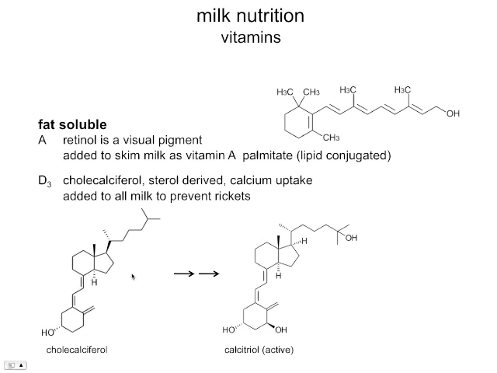There's a series of enzymatic steps that leads to calcitriol. That's the active form. For the chemists in the audience, we'll just note that relatively small chemical changes have been made: a hydroxyl added here at the end of this aliphatic or fatty chain, and a hydroxyl added here. So again, modification of the milk product to suit social needs.